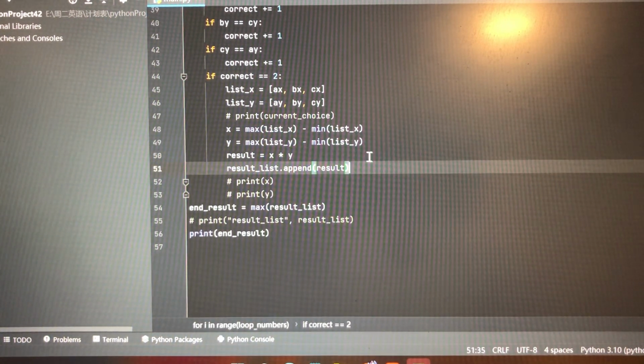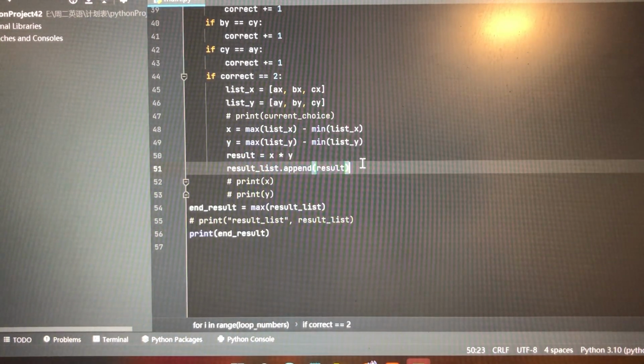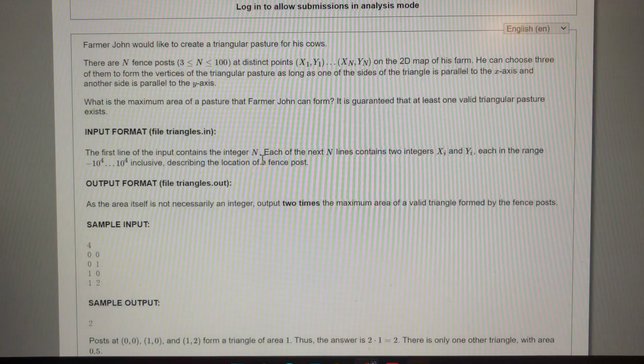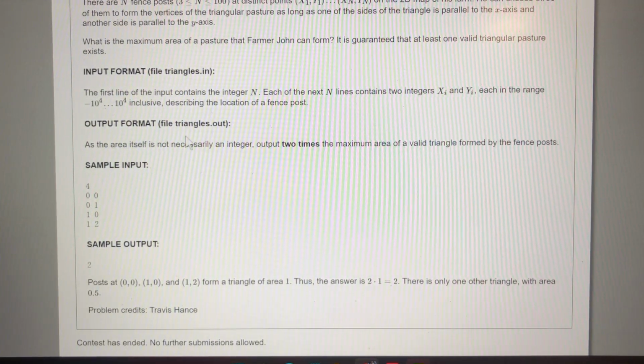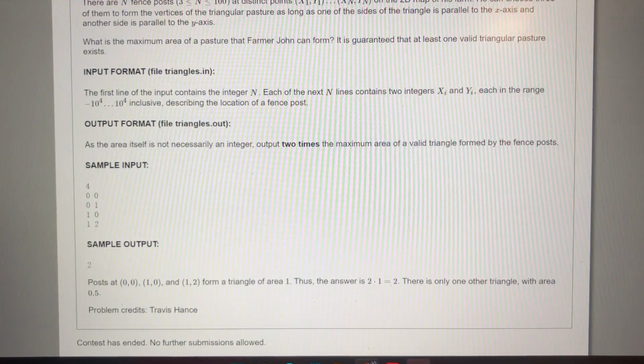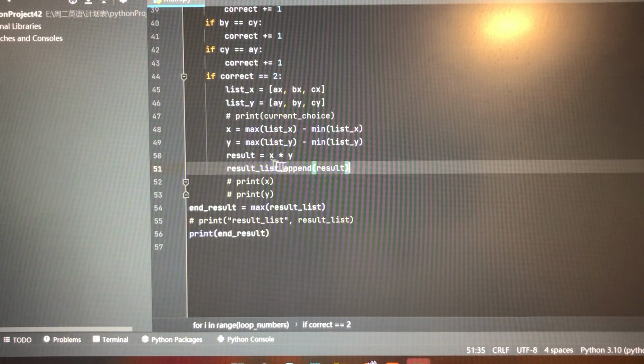Since it's a triangle, there was supposed to be a divide by 2, but the question says in case the area itself is not necessarily an integer, we output 2 times the area, so we can just ignore the divided by 2 part. And I added the result to the result list.